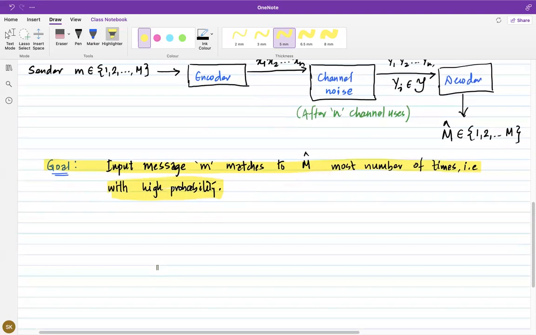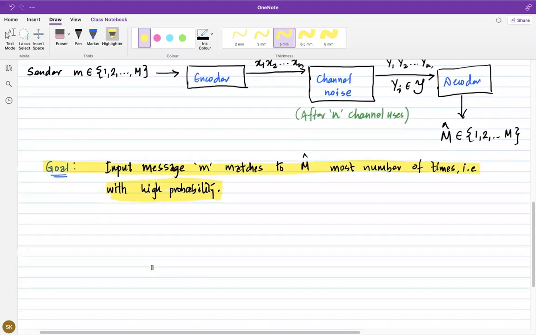Proceeding further, I will first talk about something called a channel. We will mathematically see what we mean by a channel. When I say channel, it has some inputs and some outputs. How do you mathematically define a channel?